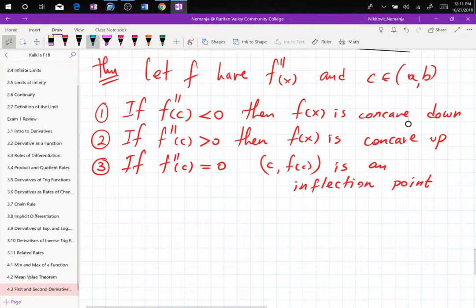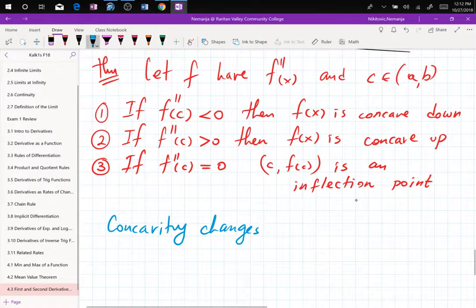Now I just want to write one more sentence about the inflection point. Inflection point is where the concavity changes. So concavity changes at the inflection point, from up to down or down to up.